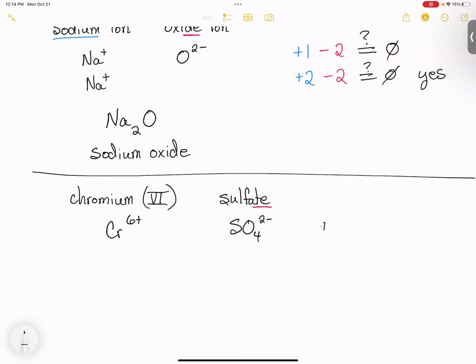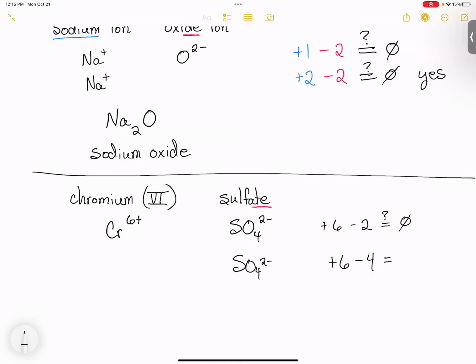So we have +6, we have -2. Does that equal 0? No. Which one's in the lowest supply, the cation or the anion? As far as the charges adding up. The anion. So let's add another anion. When we add another anion, it's a +6 -4.